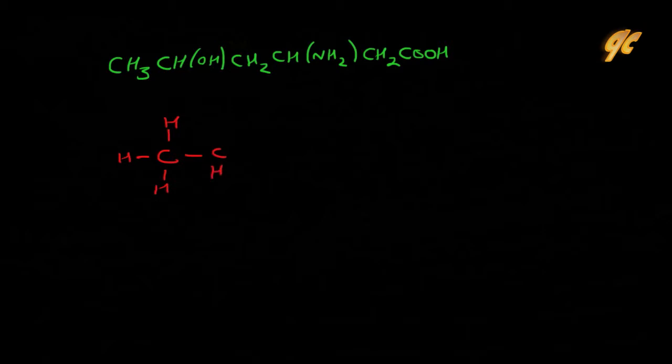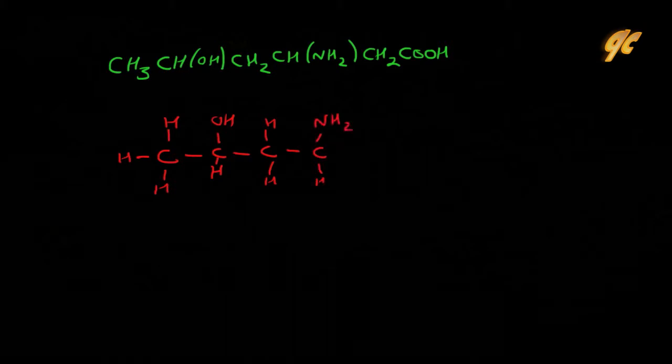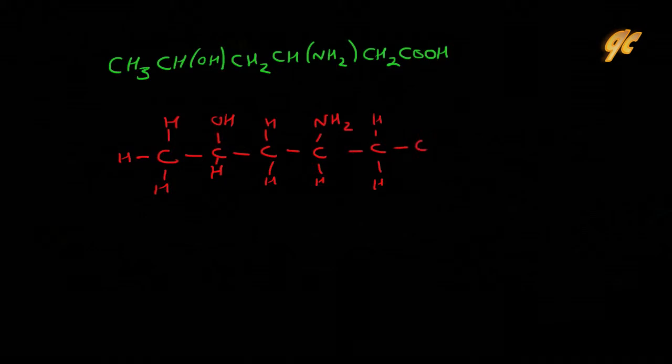The second carbon is CH with an alcohol group attached. Third carbon, CH2. Fourth carbon, CH with an amino group attached. Fifth carbon, CH2. And the final carbon is our carboxylic acid functional group.